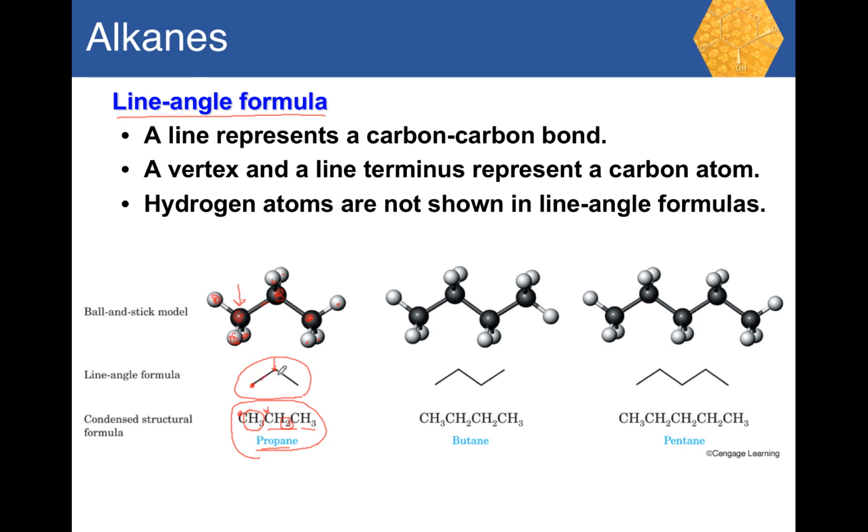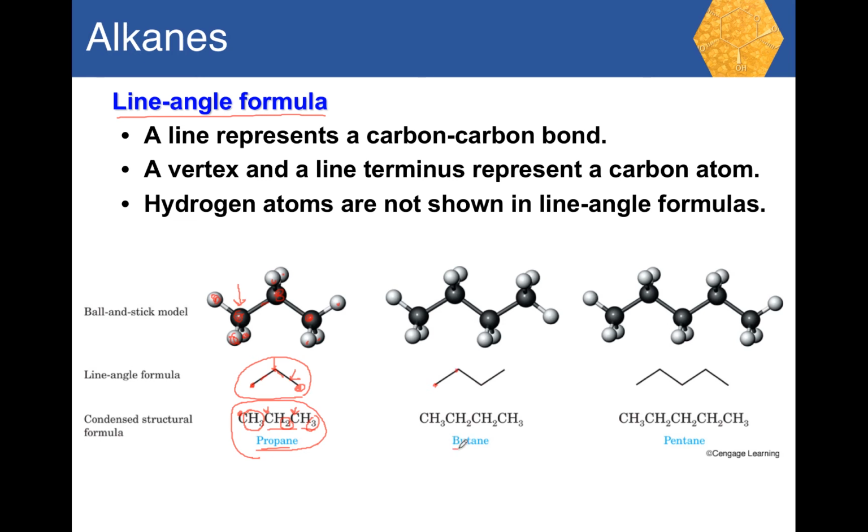Here is 1 bond, here's 2 bonds, so the other 2 will be bonded to hydrogen. Here is another carbon over here, and this is it right here. It has only 1 bond to that carbon, so the other 3 bonds would be to hydrogen. So in the line angle formula, the hydrogens are not drawn in, only the carbons, and they are represented at the intersection of a line.